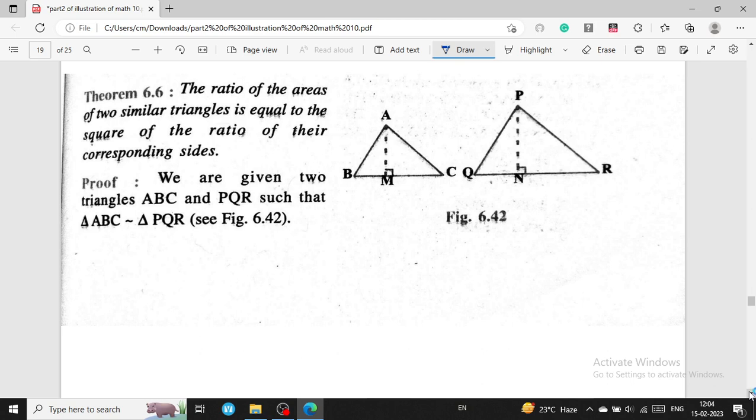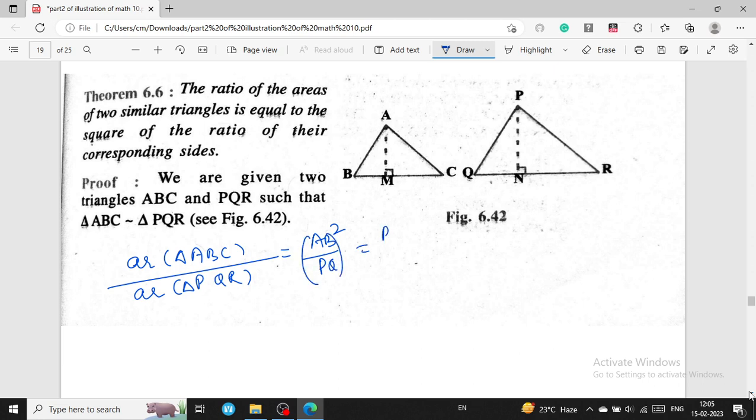Means we have to prove that area of triangle ABC over area of triangle PQR is equal to AB over PQ whole square is equal to BC over QR whole square is equal to CA over RP whole square. We have to prove it.